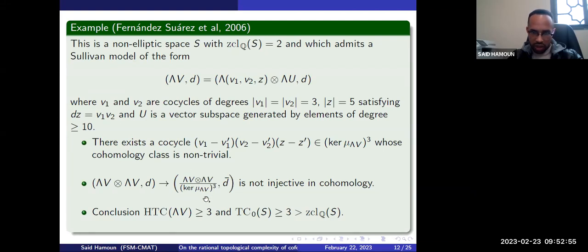But in the other algebra here, it is 0, which means that this projection, which is rho 2, is not injective in cohomology. And then we consequently have HTC of lambda V is greater than or equal to 3, which means that TC0 of S is greater than or equal to 3, which is strictly greater than the zero divisor cup length of S, which is here 2.